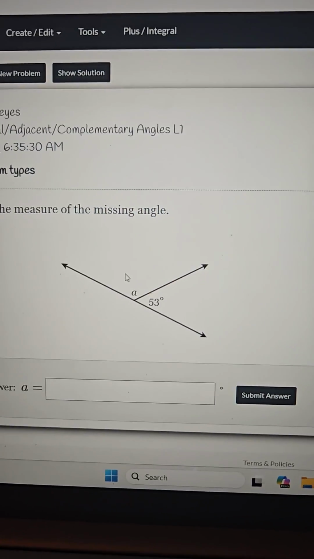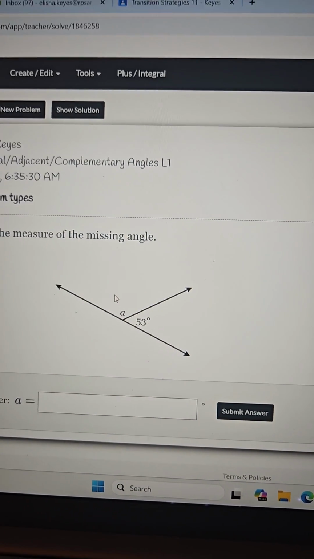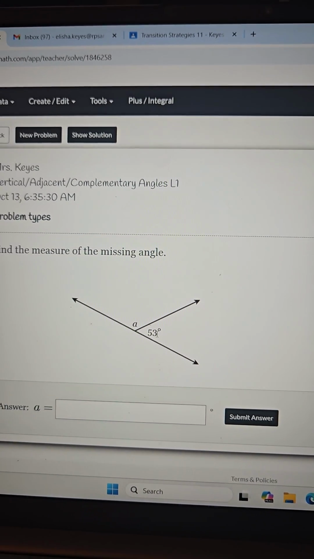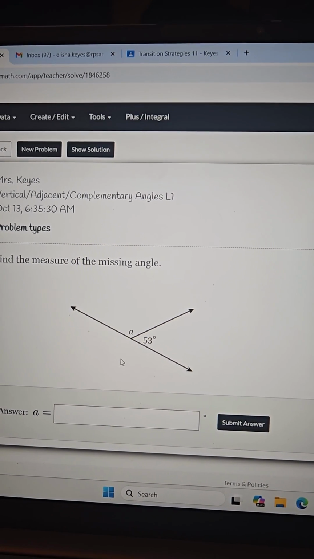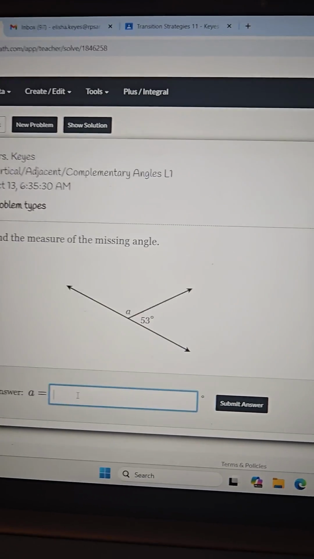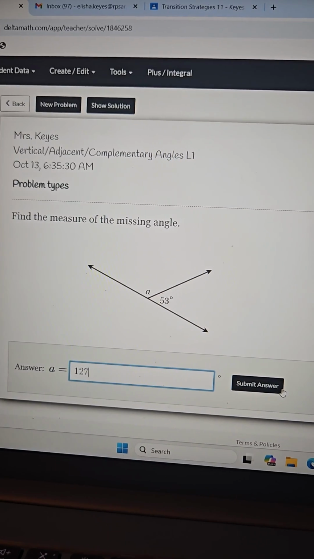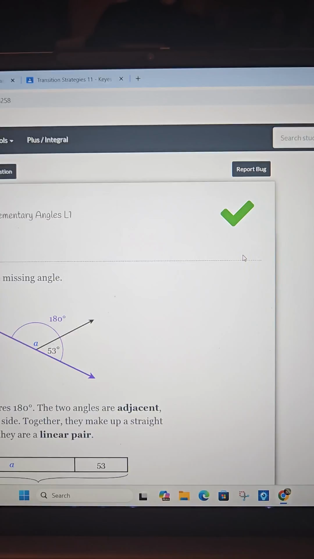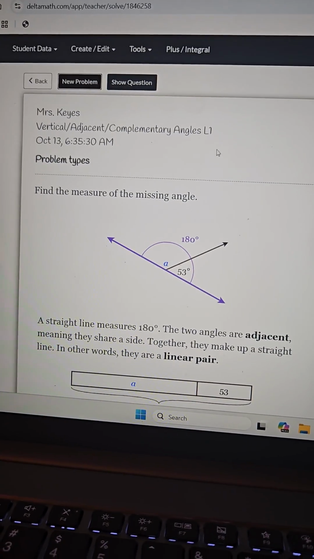And so we're going to take 180 minus 53, mental math. So 180 minus 50 would be 130, so 127. Hopefully my mental math's correct. Submit. Yay, good mental math. Okay, so let's do another one of those real quick.